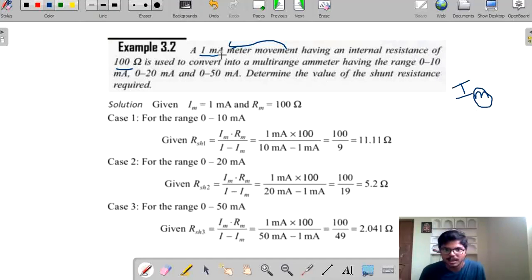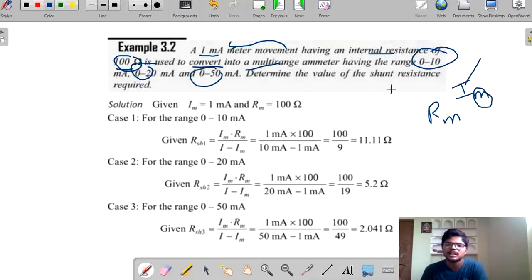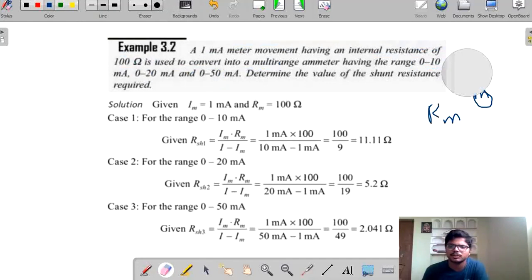They have given IM as 1 milliampere having internal resistance, it means RM as 100 ohms. Then what they are asking: convert into a multi-range ammeter having ranges 0 to 10, 0 to 20, 0 to 50 milliamperes. Then find the value of the shunt resistance. That is the simple case that we need to follow here.